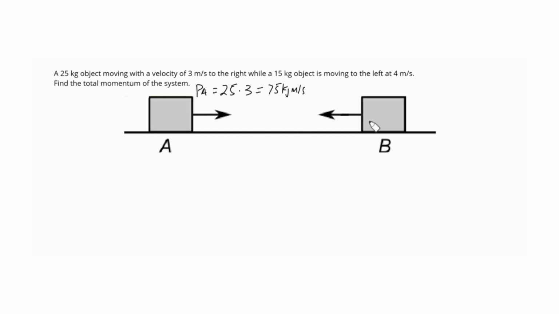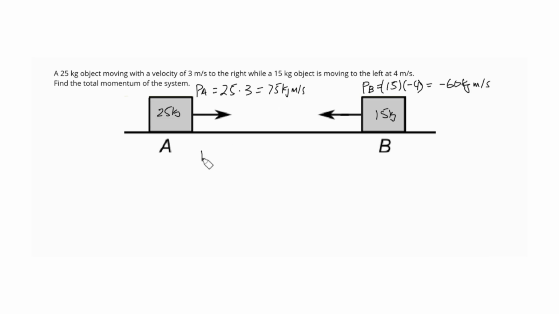And the 15 kg object, that's this guy here, and that's 25 kg for A. The 15 kg object is moving to the left, so PB would equal 15 times negative 4 meters per second, which would give us negative 60 kg m/s.